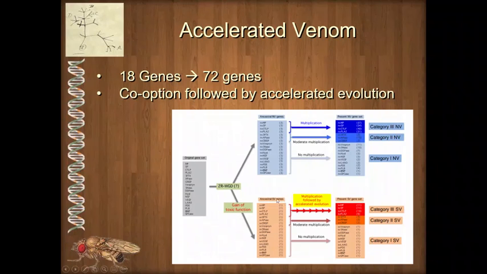And in most of the cases, some of them may have been lost, some of them have also gone through duplication and gotten multiple copies, but 3 of the 4 copies that resulted from the 2 rounds of whole genome duplication kind of maintained a more ancestral function and never were co-opted and never became part of the venom.